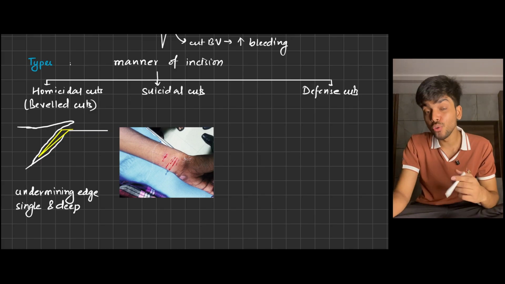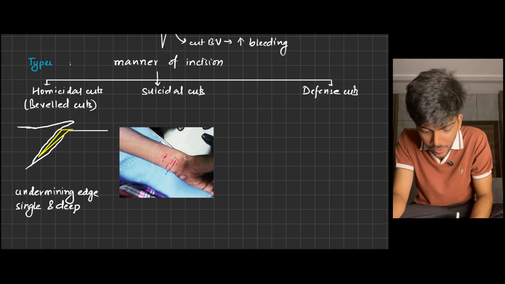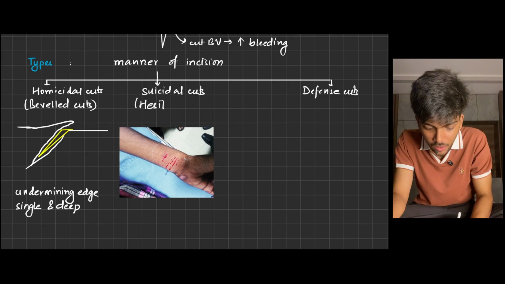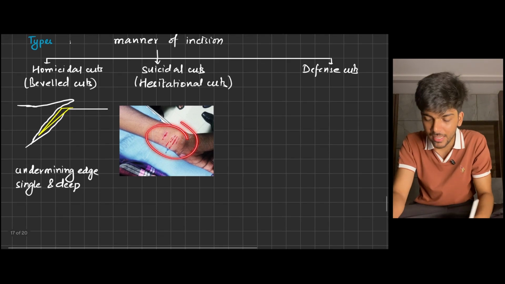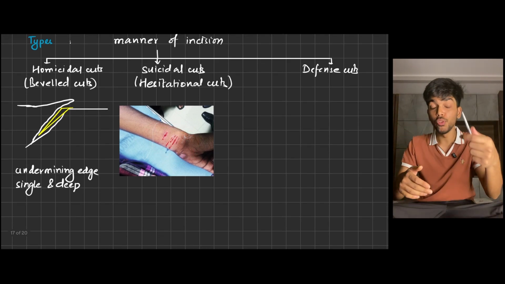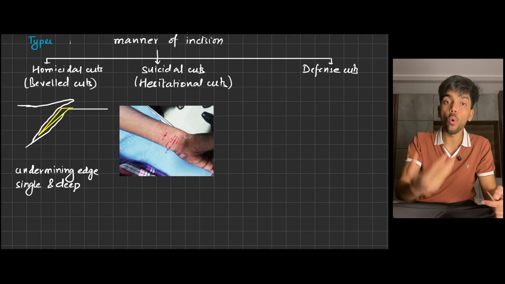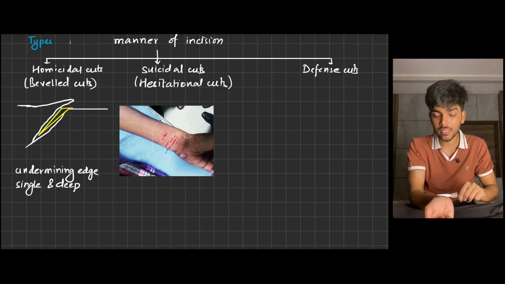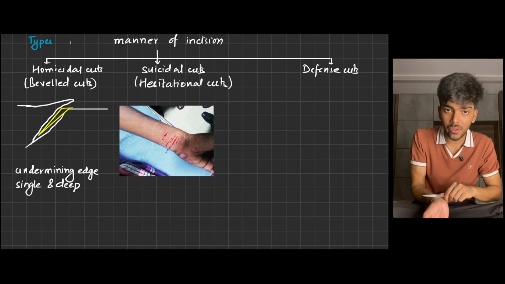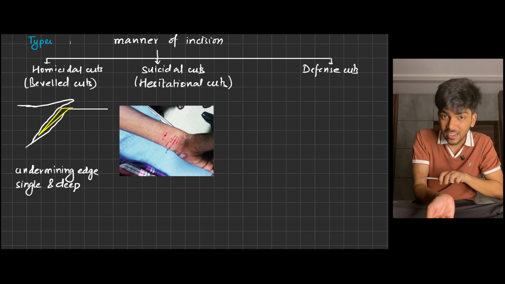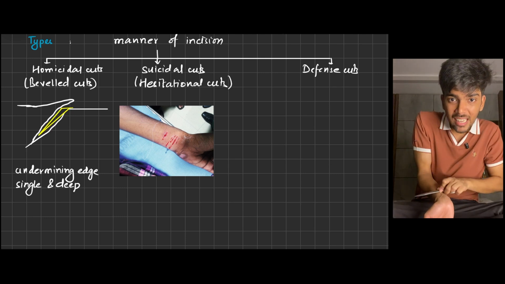Next, suicidal cuts. These are also referred to as hesitational cuts. These are most commonly seen over the wrist, where you are trying to end your own life by cutting your wrist. When you try to cut your wrist, you don't slice it at an angle.